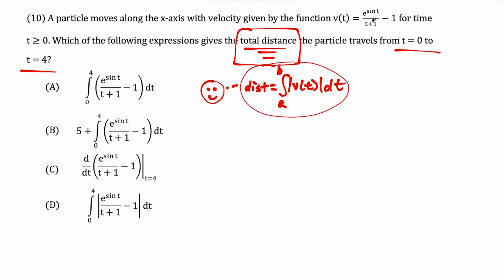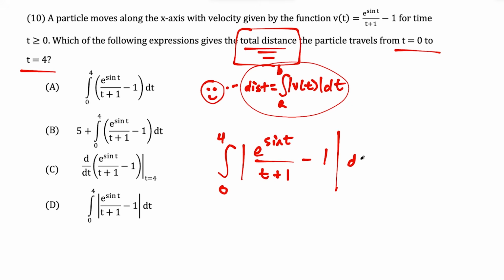Now I notice we have a velocity function. So we're going to find the total distance by setting up the integral from 0 to 4 of the absolute value of our velocity function, which is e to the sine t over t plus 1, then minus 1 outside the fraction, and then we close the absolute value and tack on our dt.